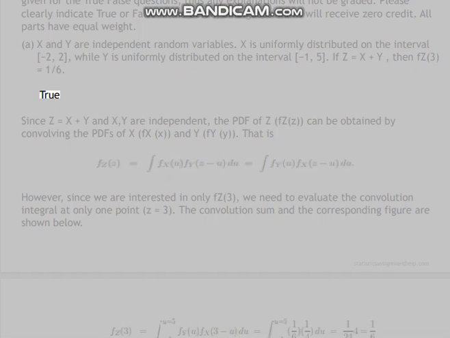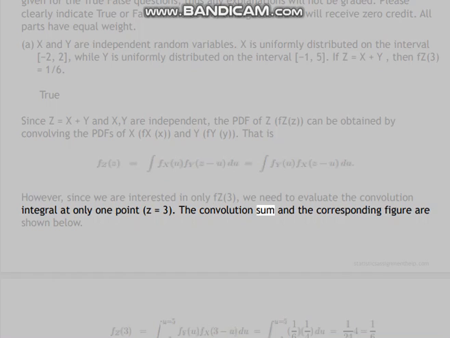True. Since Z equals X plus Y and X, Y are independent, the PDF of Z, fZ(z), can be obtained by convolving the PDFs of X, fX(x), and Y, fY(y). However, since we are interested in only fZ(3), we need to evaluate the convolution integral at only one point, z equals 3.